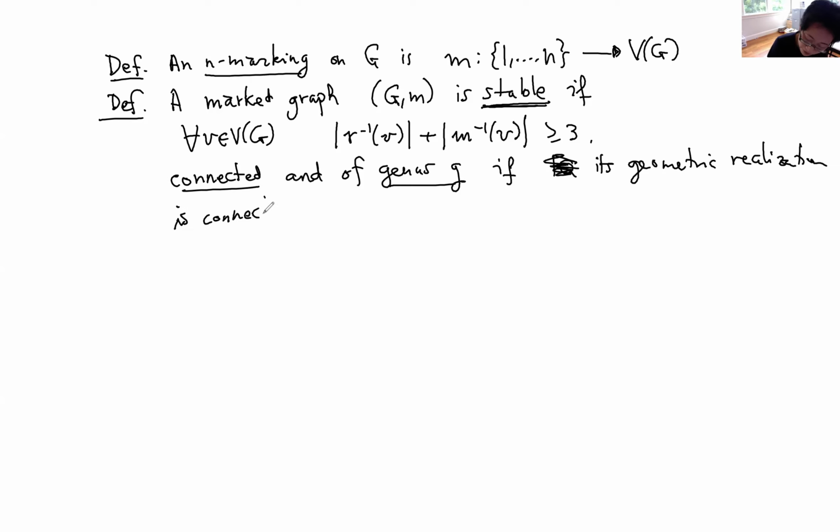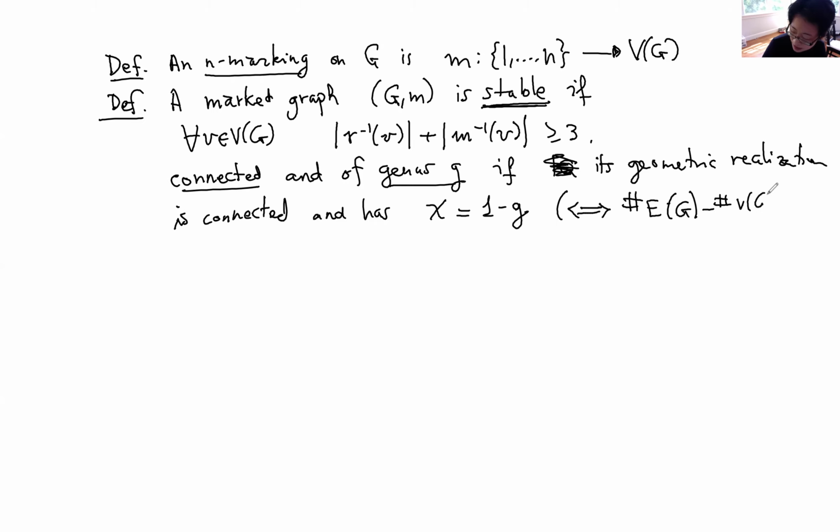So if, when you realize it as a CW complex in the way that was sketched in the example on the previous page, its geometric realization is just connected as a topological space, and has Euler characteristic 1 minus g. This is equivalently phrased as the following purely combinatorial calculation, that the number of edges minus the number of vertices plus 1 equals g, as you may check.